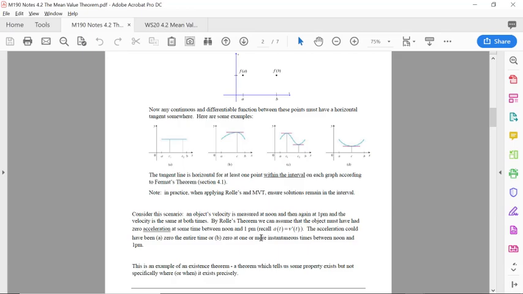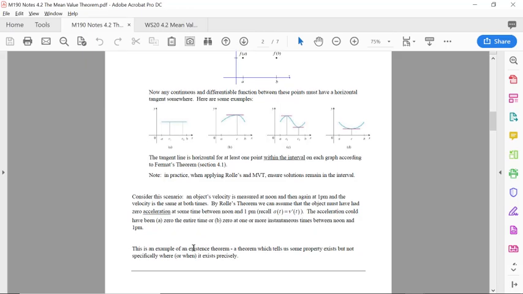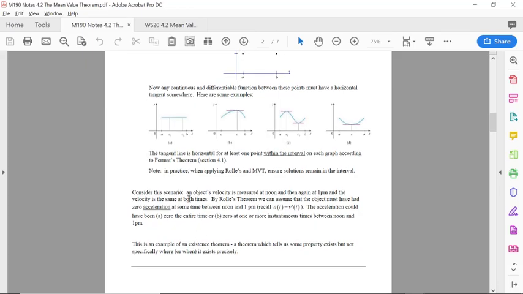It could have been accelerating and decelerating, accelerating and decelerating, but there would have to be at least one time in that interval whereby the acceleration was 0, so that the velocity wasn't changing, at least instantaneously. So that's one interpretation.